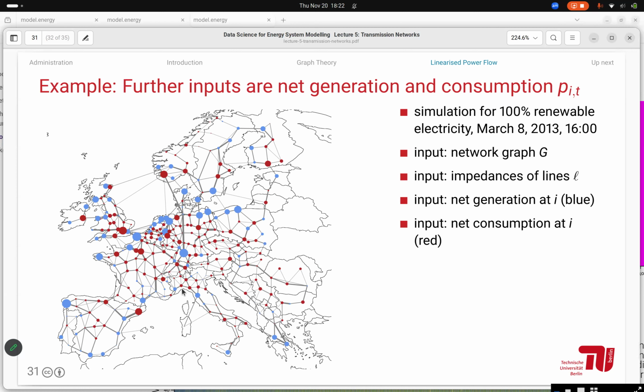Everything that is blue is where our PI is positive, we have net injection, and everything in red, we have net consumption in this network. So now we have the topology, so incidence matrix and cycle matrix, the reactances, the XLs, and the power imbalances.